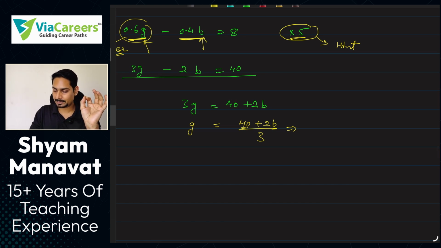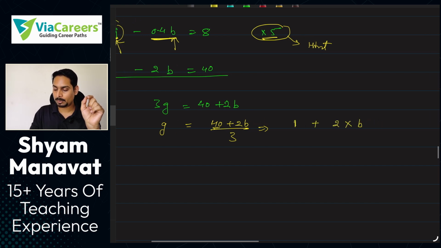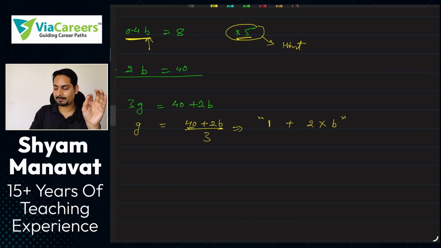The remainder is 1, plus here we have 2 as it is, and then b we need to find out. Now, for this remaining part to be divisible by 3, I need to have the remainder of b as 1. Why? So that 2 into 1 becomes 2 and 2 plus 1 becomes 3, and 3 can further be divided by 3, and the final remainder will be 0.